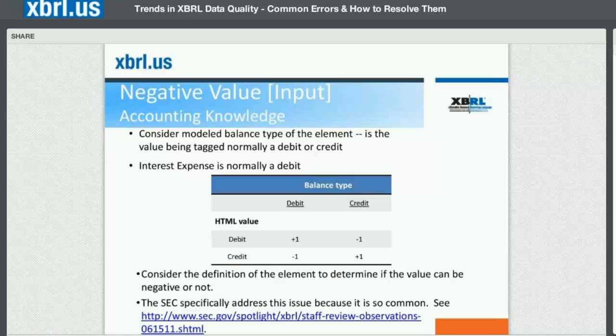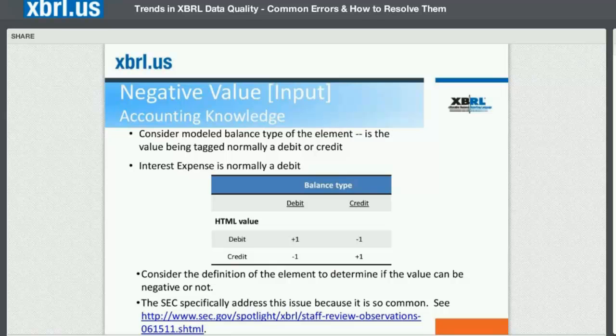Again, negative value, just basic accounting knowledge. You know that you have a concept that's interest expense. It's defined as the expense charged against earnings for the period. You know it's a debit, and you expect it to be a debit. It's a positive input.